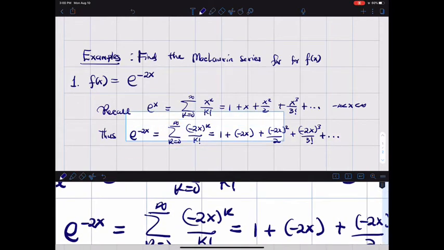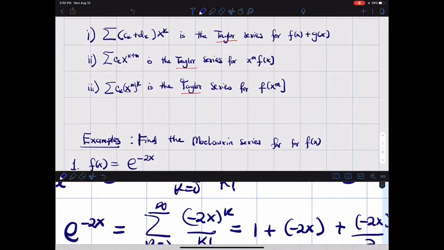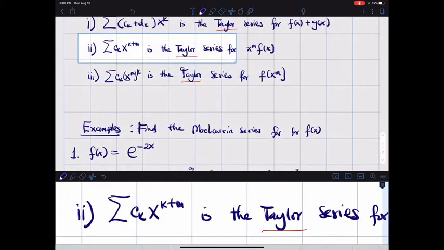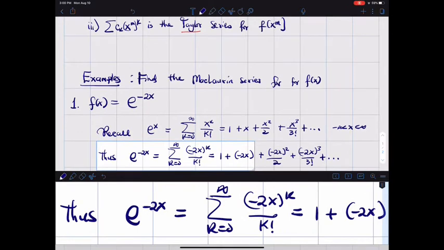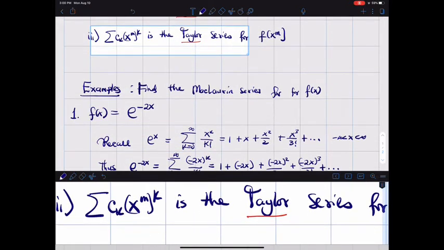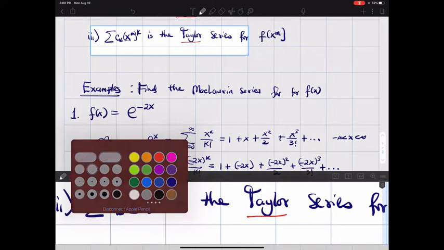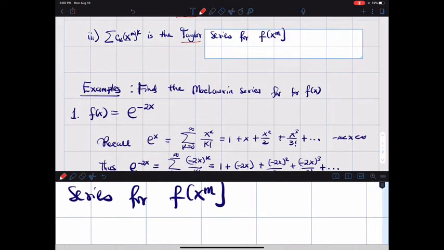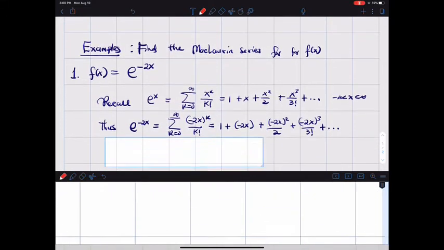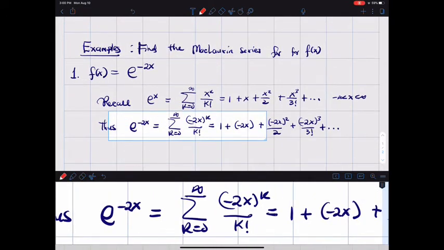This doesn't fit neatly into one of the groups in our theorem, but negative 2 is a constant, so that allows us to use the part of the theorem that says we can replace x with x to the power of m. We keep the constant where it is and think of the variable as x to the power of m.